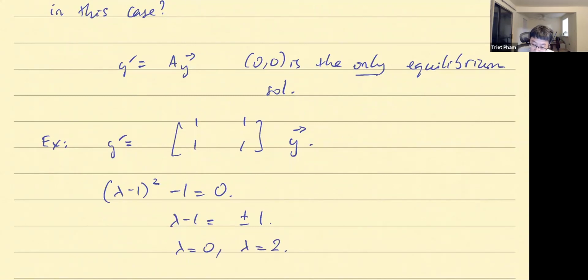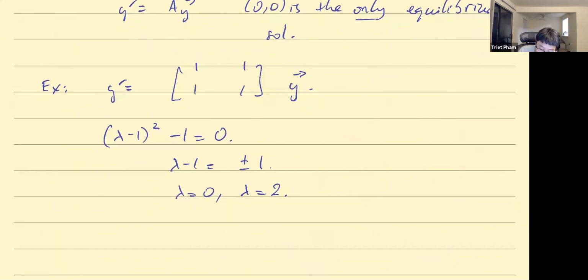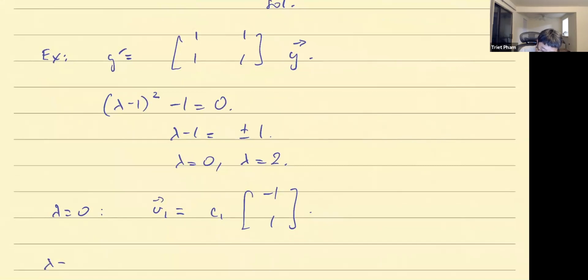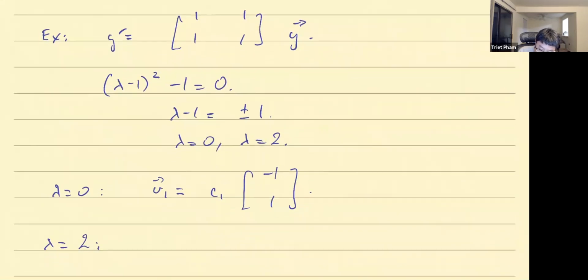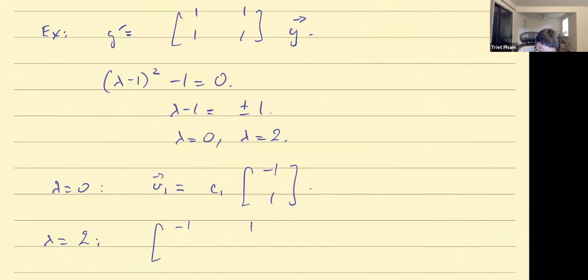When lambda is equal to 0, then you got V1 equal to, let's say, C1 times (-1, 1). And when lambda equals to 2, then you got the matrix [[-1,1],[1,-1]]. So V2 is C2 times (1, 1).